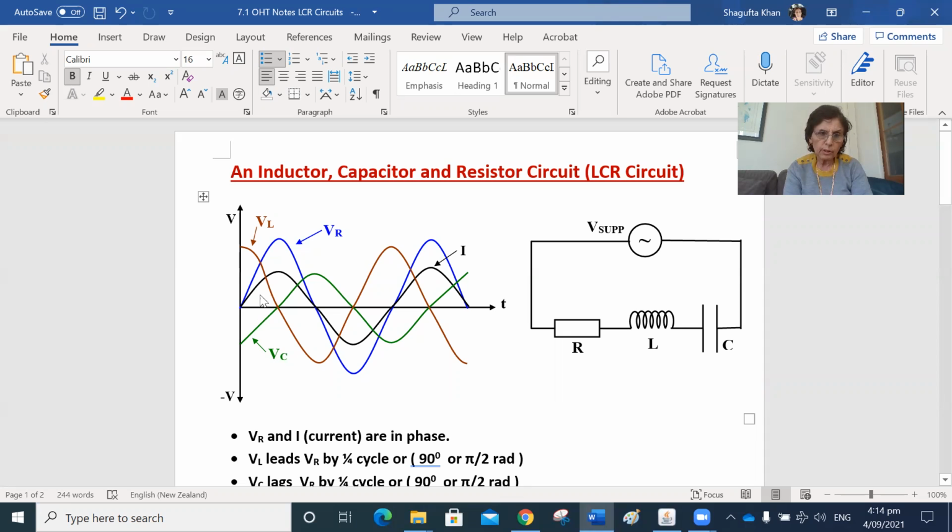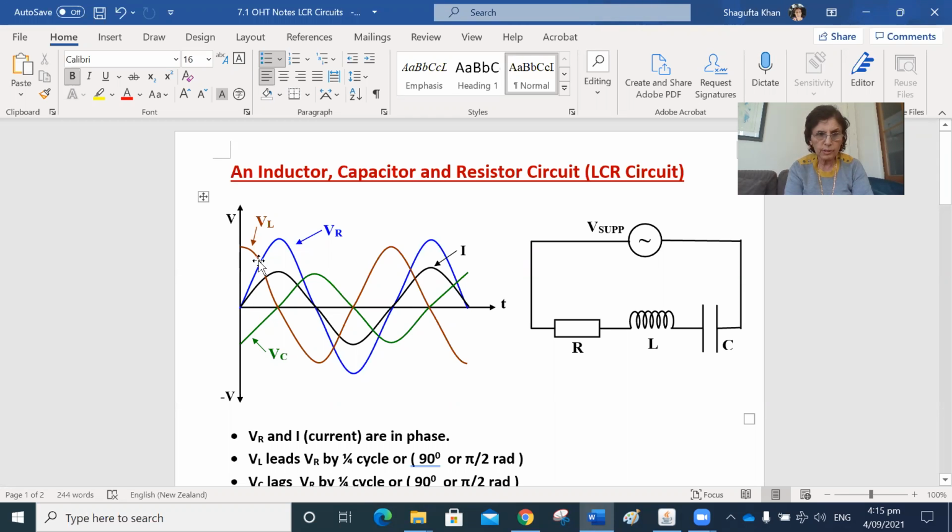The black one is the current-time graph. The blue one is the voltage across the resistor, and you can see that they are in phase. The green graph is the voltage across the capacitor, and this one is behind the voltage across the resistor by 90 degrees. It becomes 0 after this much time, which is a quarter of a cycle.